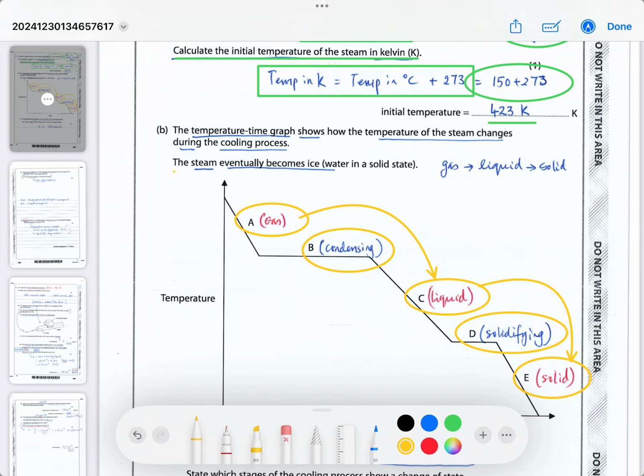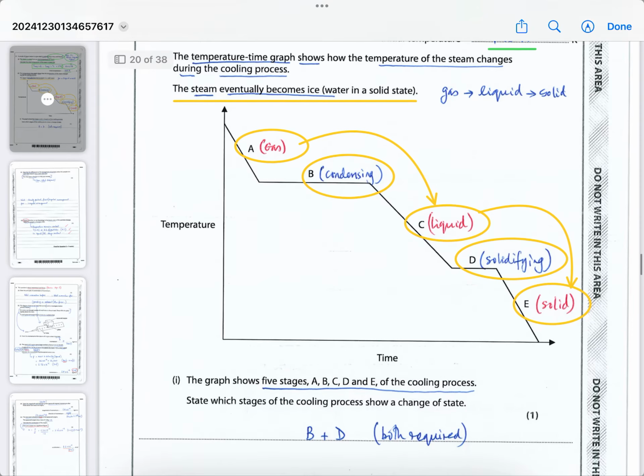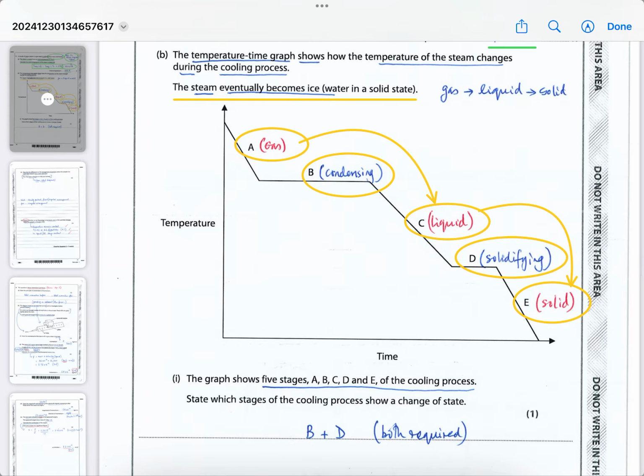It says the steam eventually becomes ice, water in a solid state. So it goes from gas to liquid to solid, as I've just explained. Obviously the longer it's in the freezer, the more thermal energy is taken out from the internal energy store of the particles, which is in the form of kinetic energy, if you like.